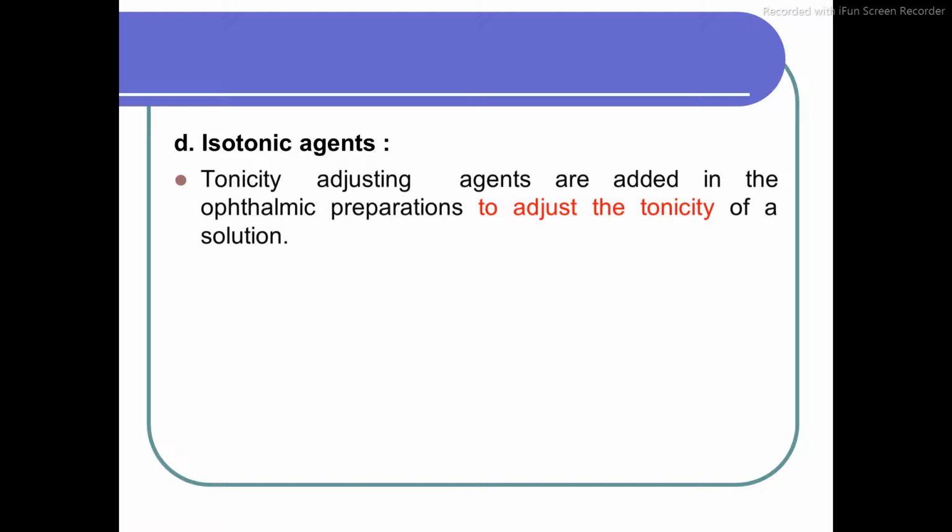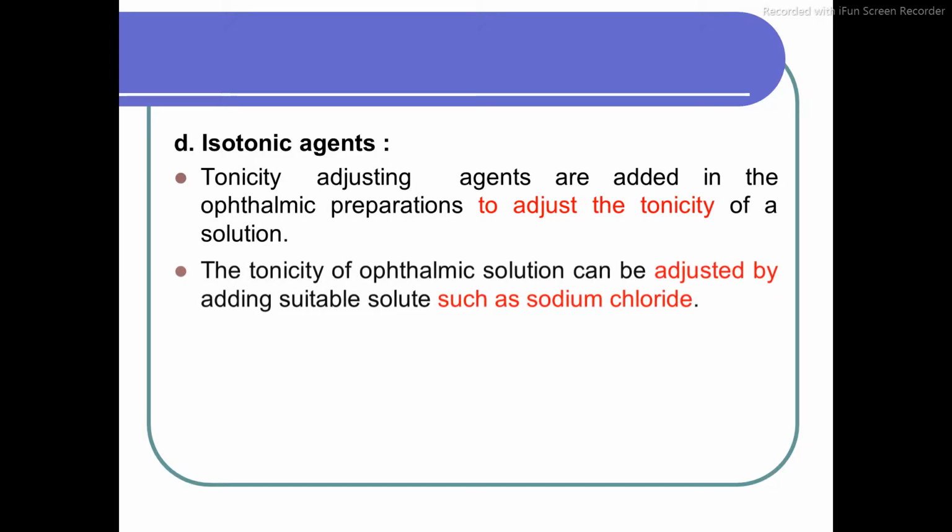So that's why we have to maintain isotonicity, and we can adjust this isotonicity by using sodium chloride. Here you can see the tonicity can be adjusted by adding sodium chloride solution at 0.9% weight by volume.